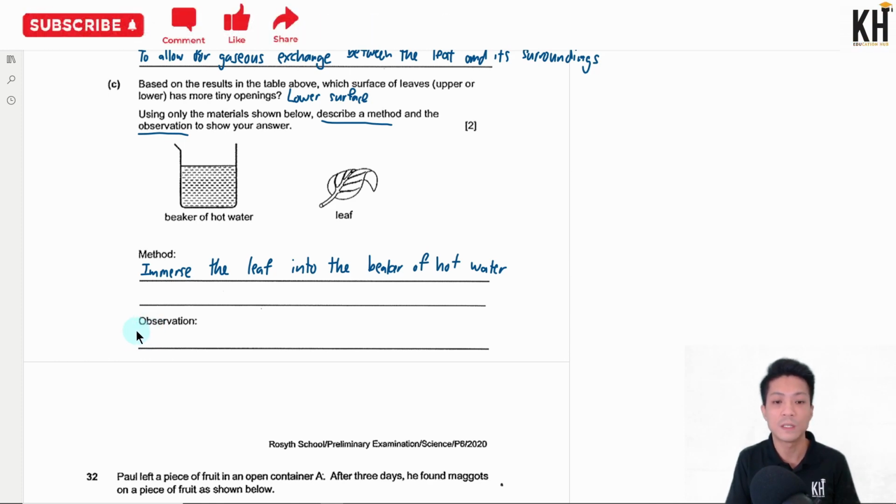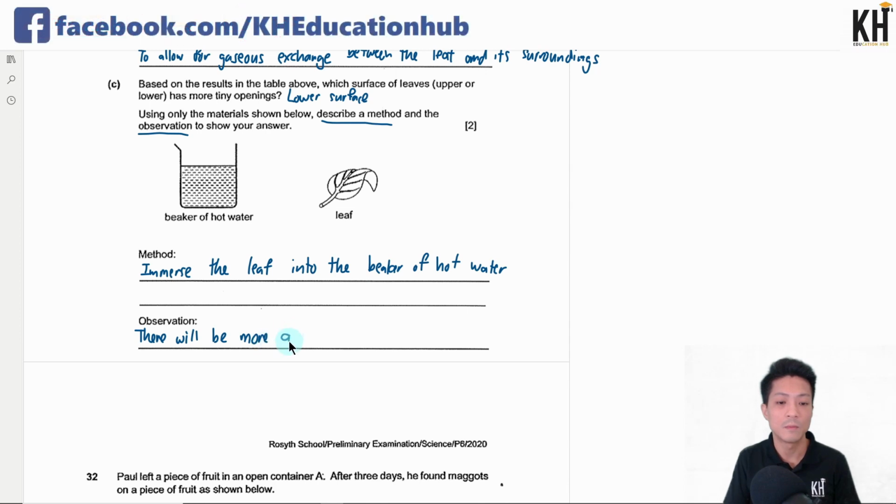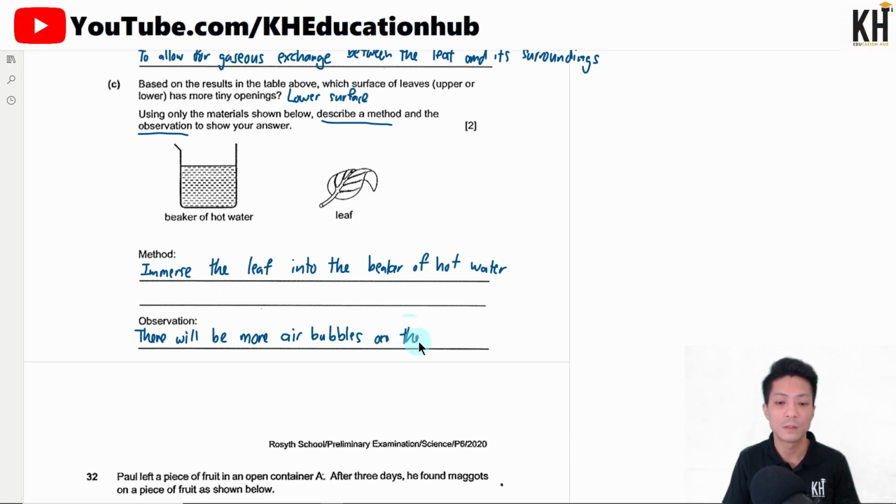We will observe that there will be more air bubbles on the lower surface of the leaf.